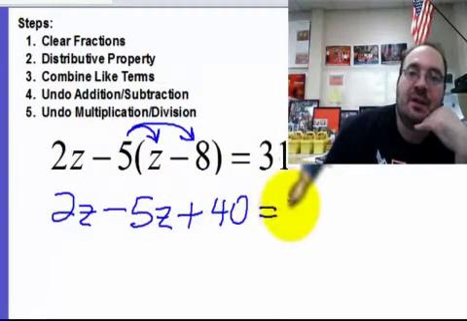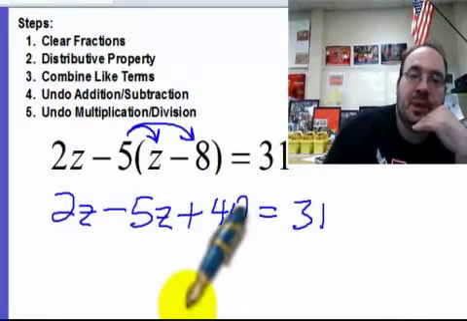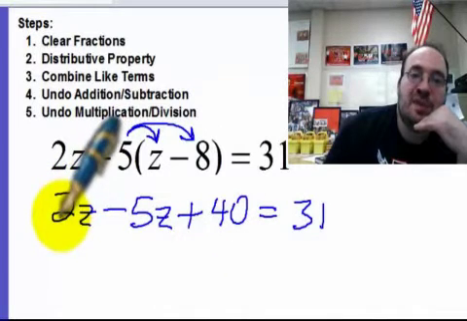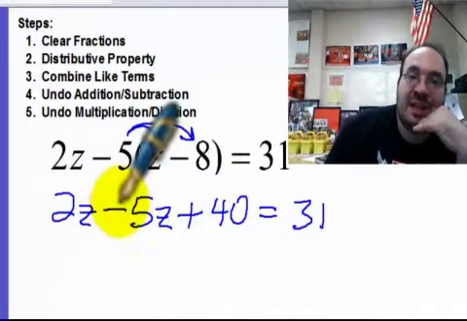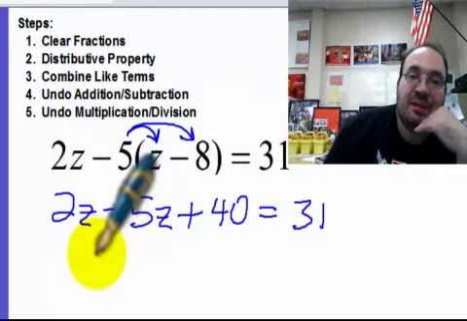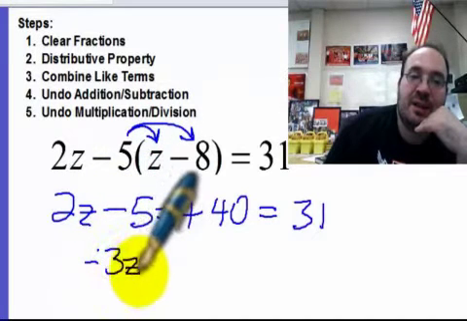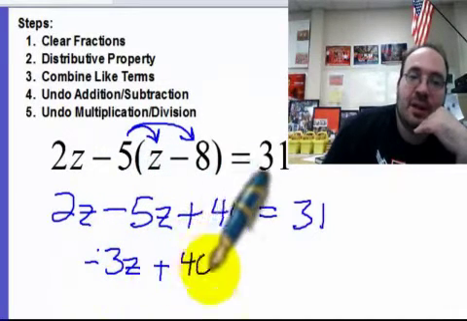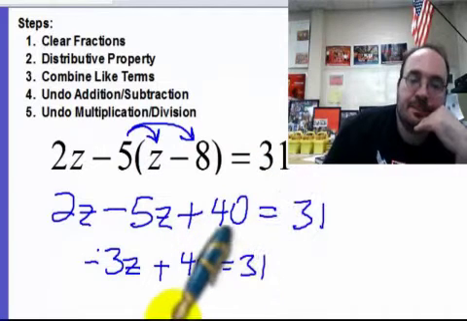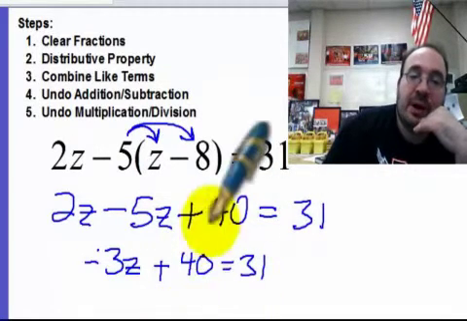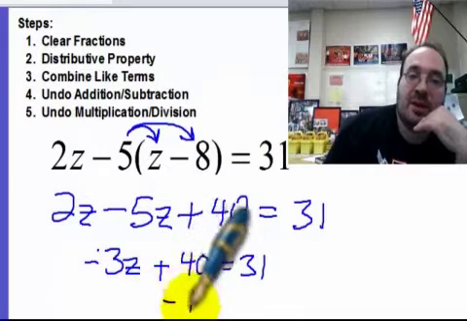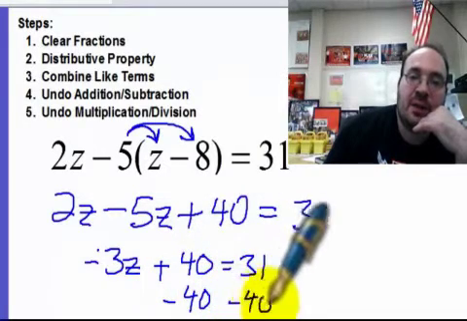I can't say that enough. Then 2z minus 5z, well, 2 minus 5 is negative 3, so I get negative 3z plus 40 equals 31.